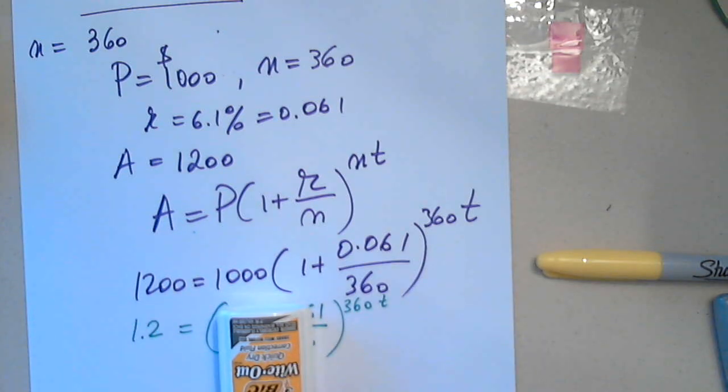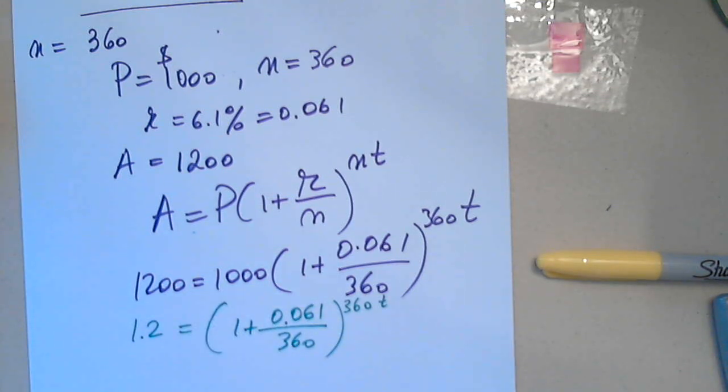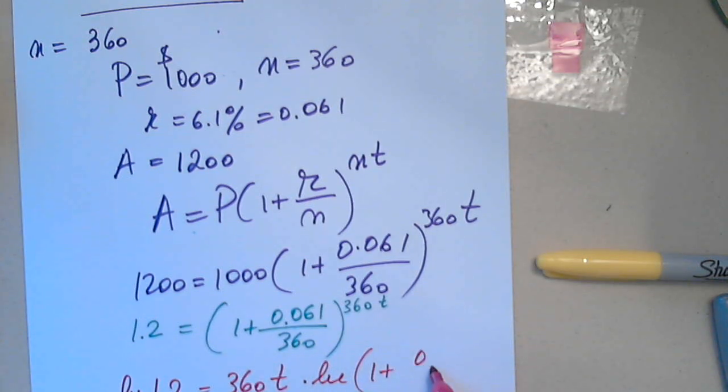What should I apply to both sides to finally get t? Natural log. Exactly. Once you get one or two problems like this, you will see they're all the same. Natural log 1.2 equals 360t, because it will allow us to put the power in front, times the natural log of this number. Leave it as is.